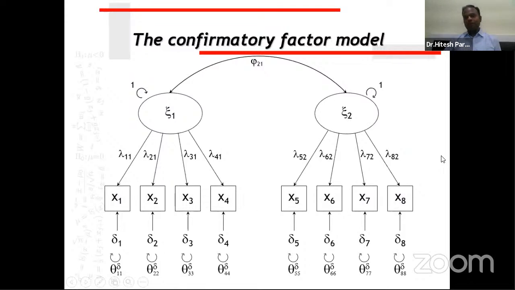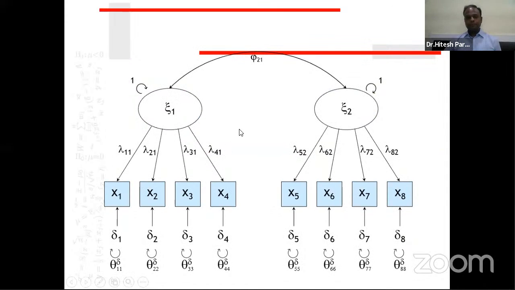These parameters will be estimated with the help of the software AMOS, which will give us all the parameter values. So x1 to x8 are our measured variables, and these are our factors.